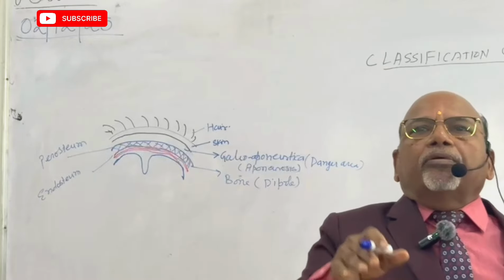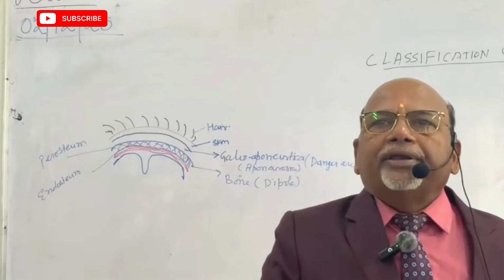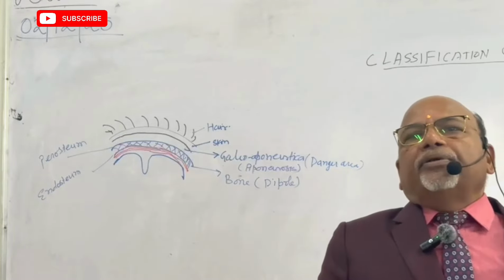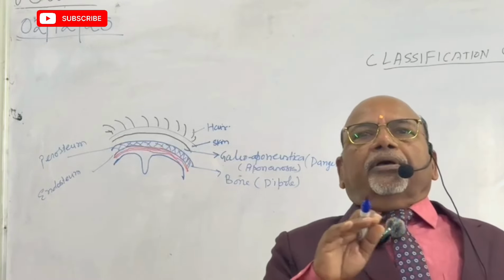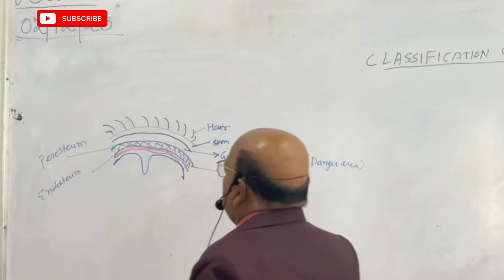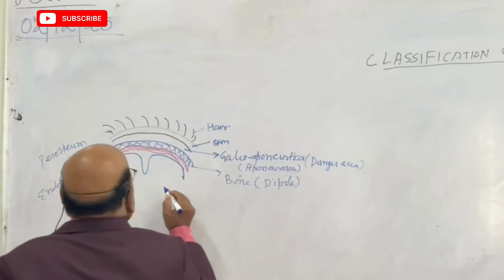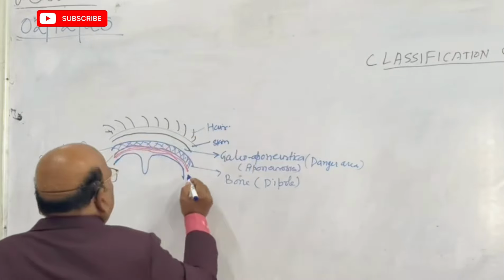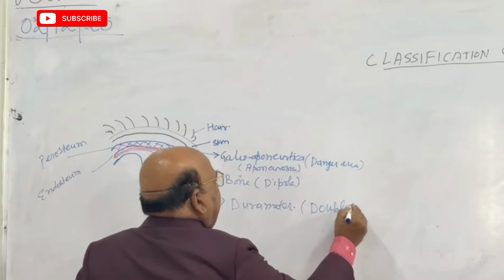When we go below the cranium, immediately you will find loose connective tissue and the attachment of the three meninges. The first meninx is called the dura mater. This is the double layer.